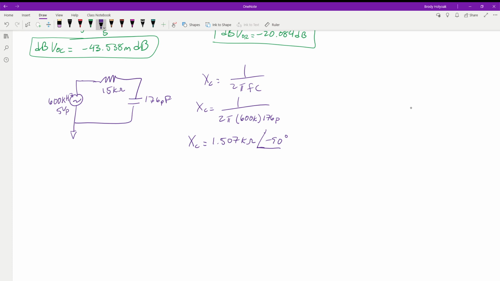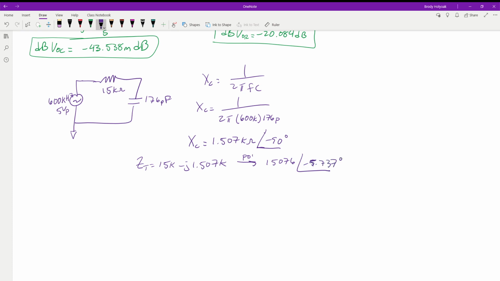Now we want to find the total impedance of this entire circuit. We have 15,000 ohms minus j of 1.507K. We take this value and convert it to polar, and we end up with 15,076 ohms at an angle of negative 5.737 degrees.